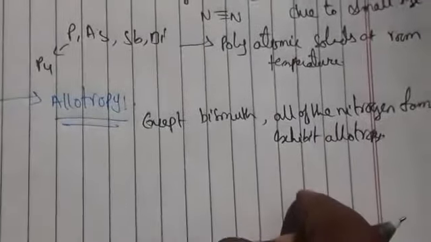Solid nitrogen exists as alpha nitrogen and beta nitrogen.